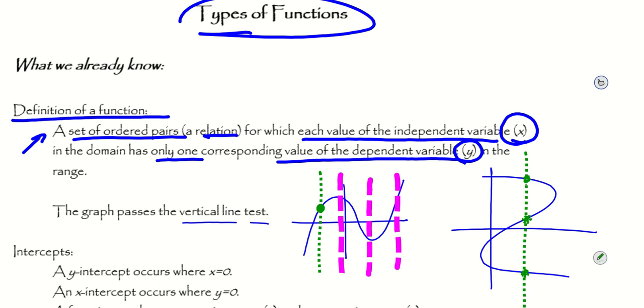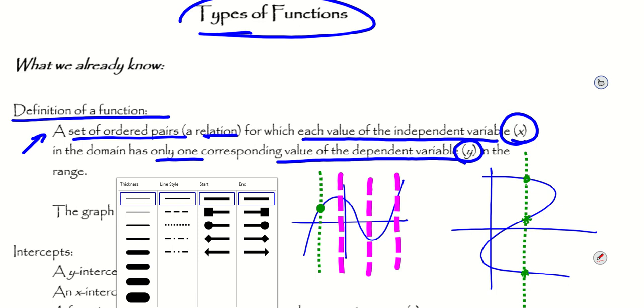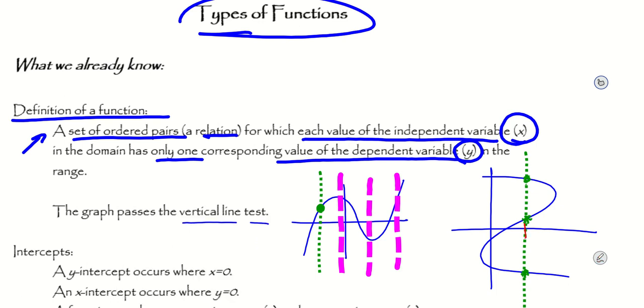So for one x, let's say that this vertical line is located where x is 3, I have 3 points, each with the x coordinate of 3. But the y coordinates of each of those points are not the same. They're different. This might be 5. This might be 1. This might be negative 5. This is not the graph of a function.